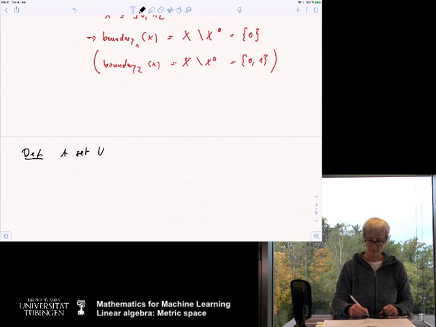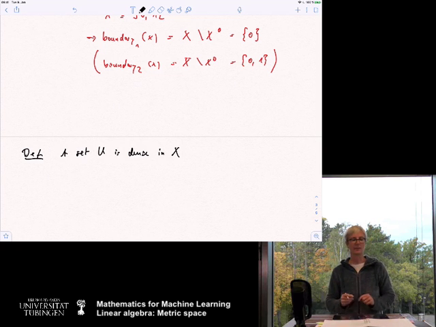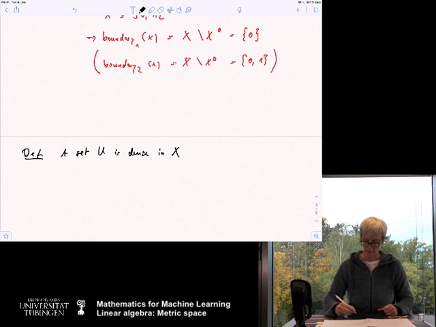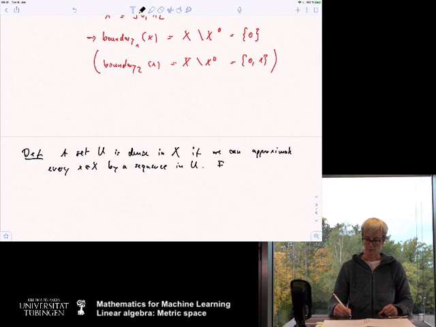A set U is dense in X. So U is a subset of X and it is dense in X if I can approximate every point x in X by a sequence that just lives in U. And formally, there are many ways in which you can write this down, but here is one.